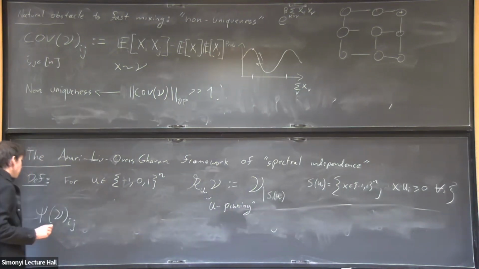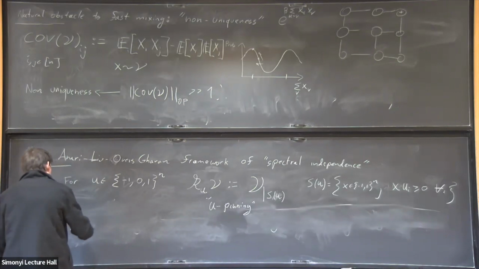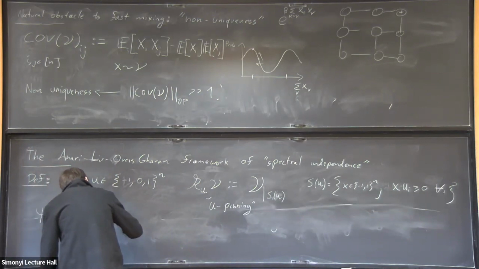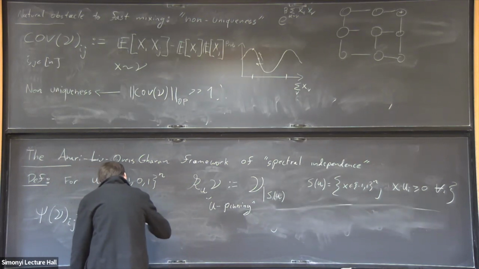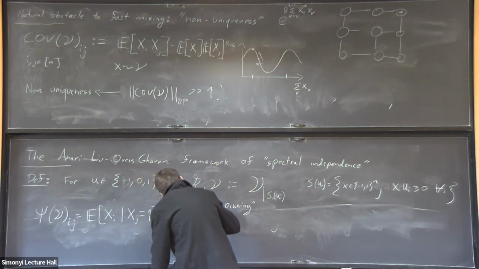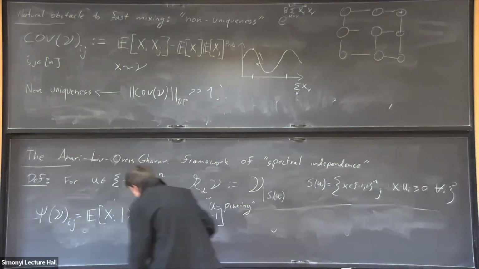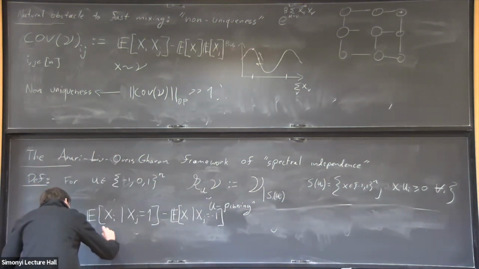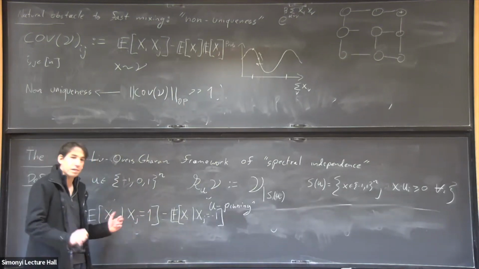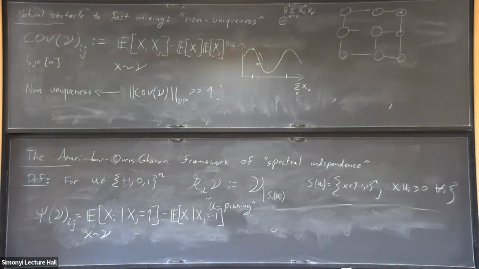The influence matrix at entries i and j with respect to nu is just the expectation of x_i conditioned on x_j equal to 1, minus the expectation of x_i conditioned on x_j equal to -1. So you know how much x_i is affected by setting the coordinate x_j.